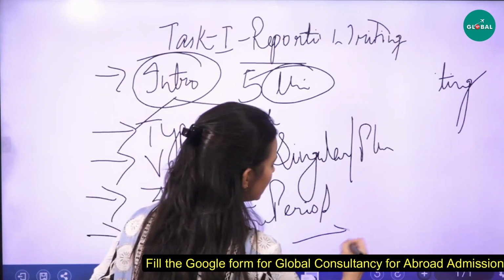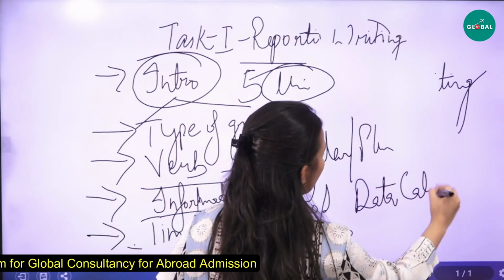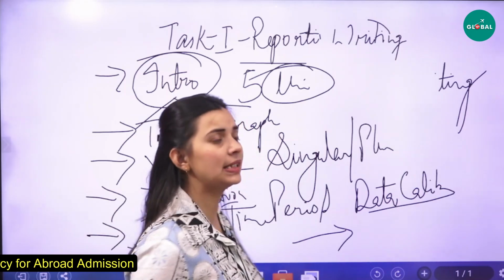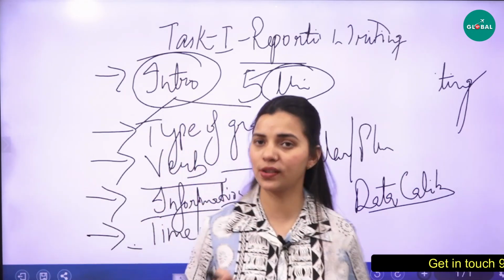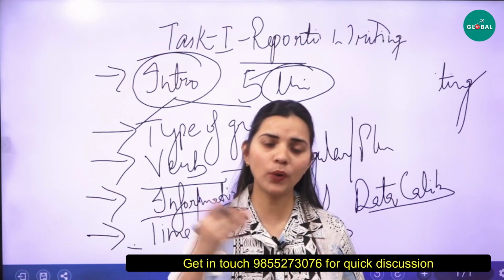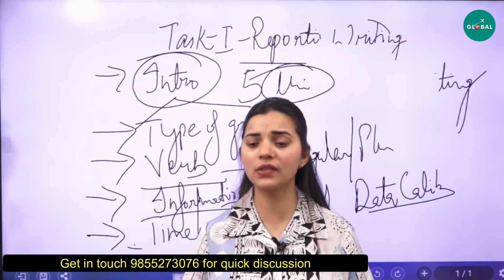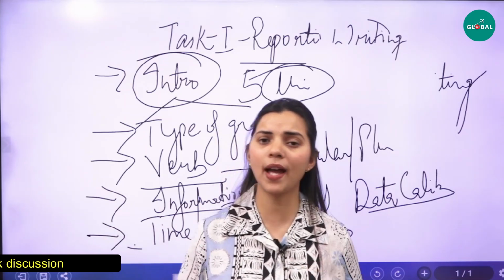Last but not the least, that is data calibration. And data calibration means, if you have to understand it in easy language, SI unit जिसको बोलते हैं, ठीक है. जो आपका SI unit होता है, क्योंकि whenever there is a data interpretation, we do have some percentage, some billions, millions, kilograms, grams, like that.